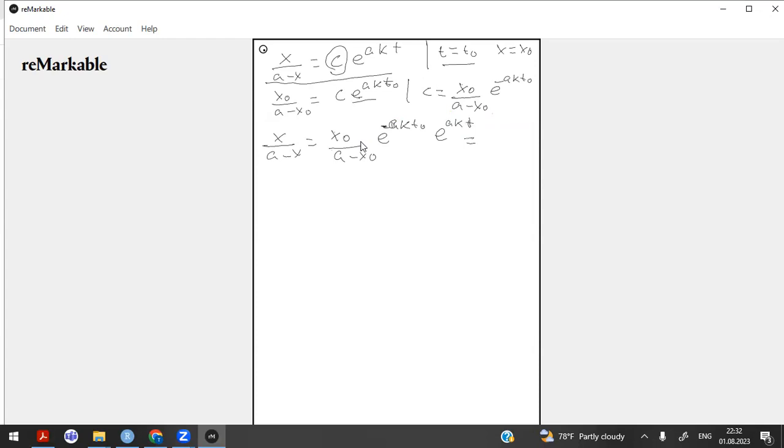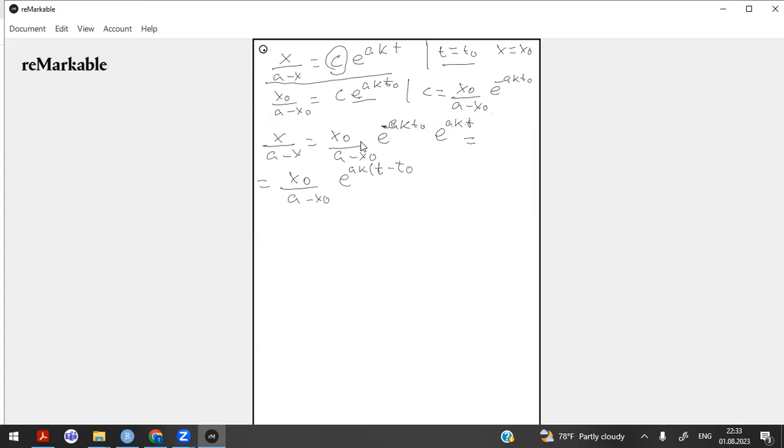Then what we'll get here, so we can just sum this, right? We sum this because these are the powers. So, when we sum and put ak out of the parentheses, we will get x0, a minus x0, and here we will have e to the power of ak t minus t0, okay?